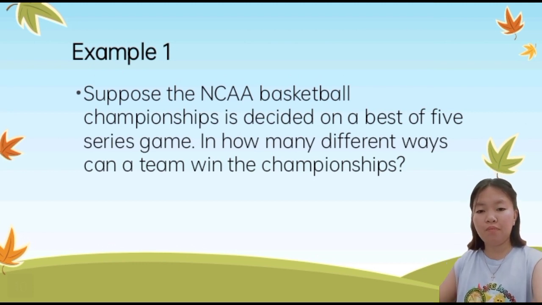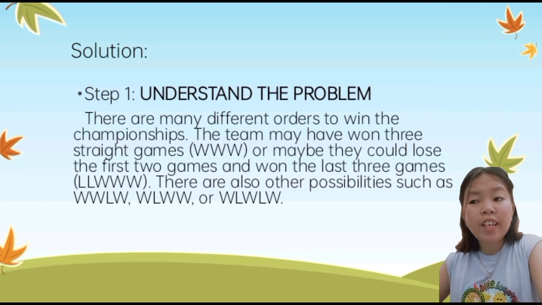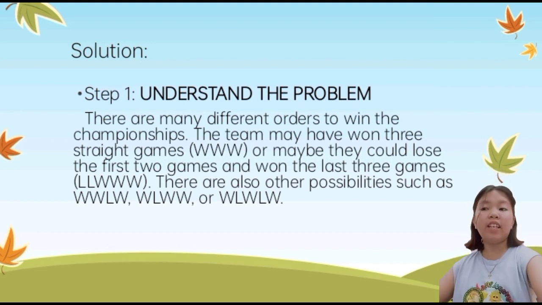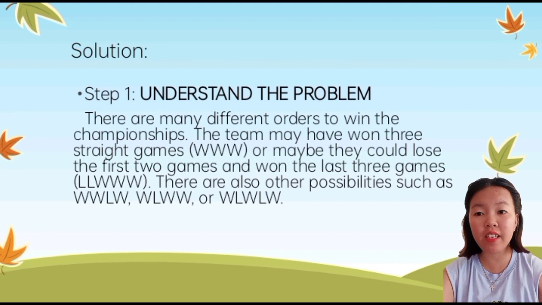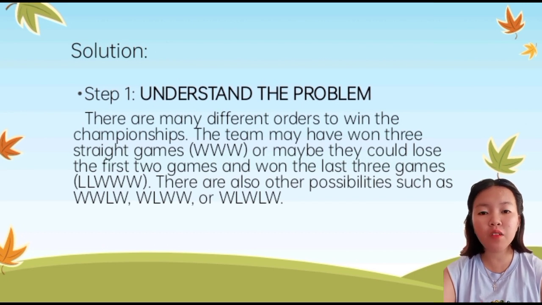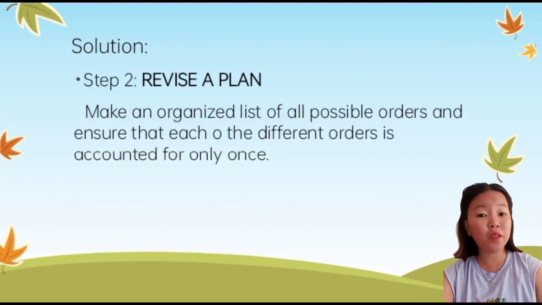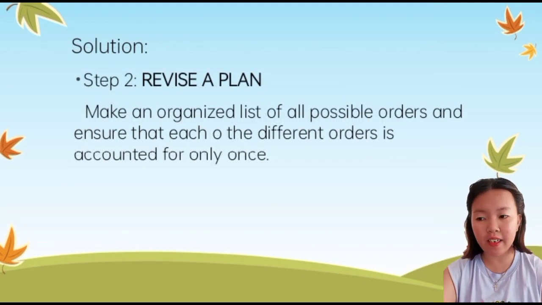So, there are different ways a team can win the championship. The team may have won 3 straight games, or maybe they could lose the first 2 games and win the last 3 games. There are also other possibilities such as win-win, lose-win, win-lose, win-win, and win-lose, win-lose, win. So, step 2, devise a plan.